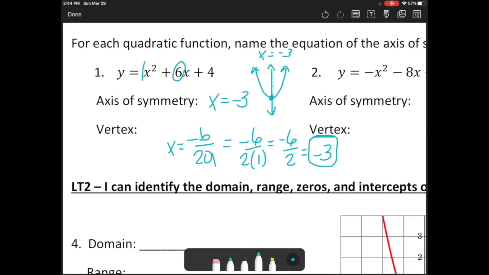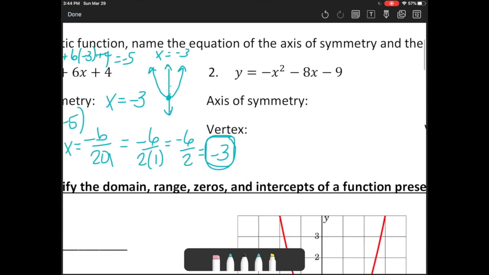We could take our x value, which we now know is negative 3, and substitute it back into the original equation. So negative 3 squared plus 6 times negative 3 plus 4, which would give us 9 plus negative 18, which would be negative 9 plus 4, which would be negative 5. So our vertex would be negative 3 comma negative 5. We can do this by math.